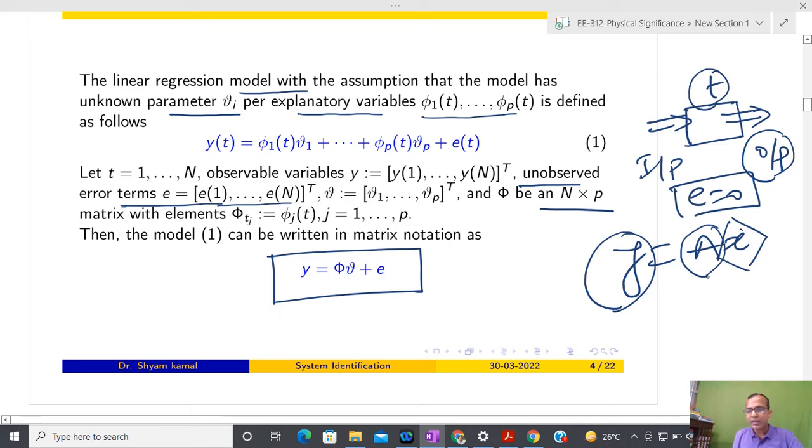Okay, and what we found is that this y has to lie in the column space. Suppose, for example, this is a 3 cross 2 matrix.